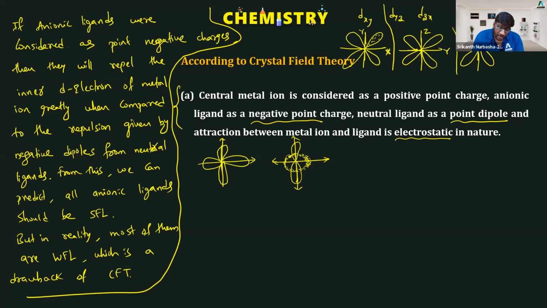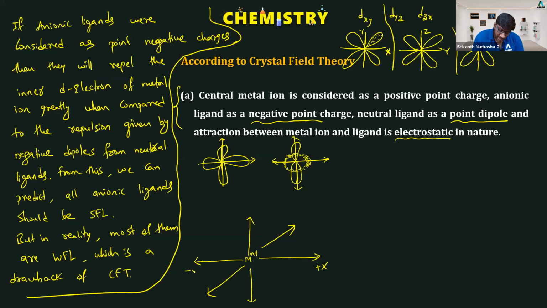So we have a central metal ion now. Let us consider an octahedral complex. We have a central metal ion here, and this is the x-axis, negative x-axis and positive x-axis, positive y, negative y, positive z, negative z.